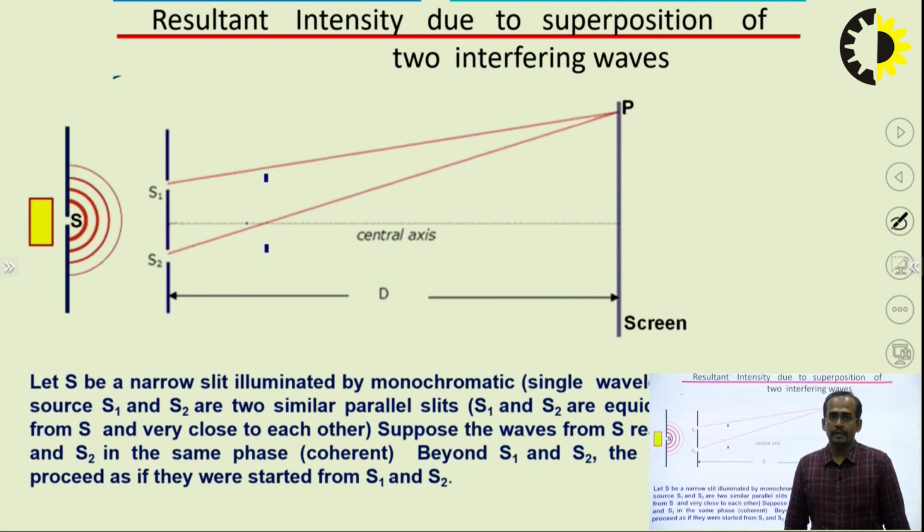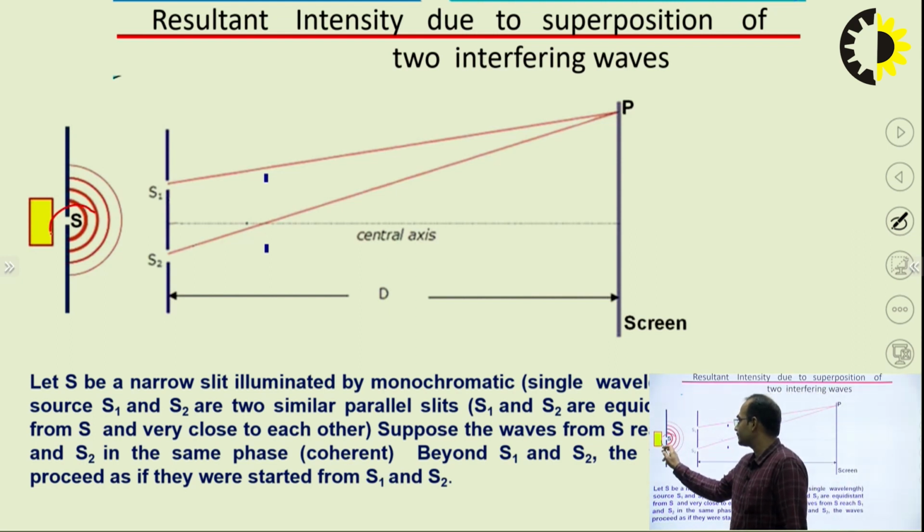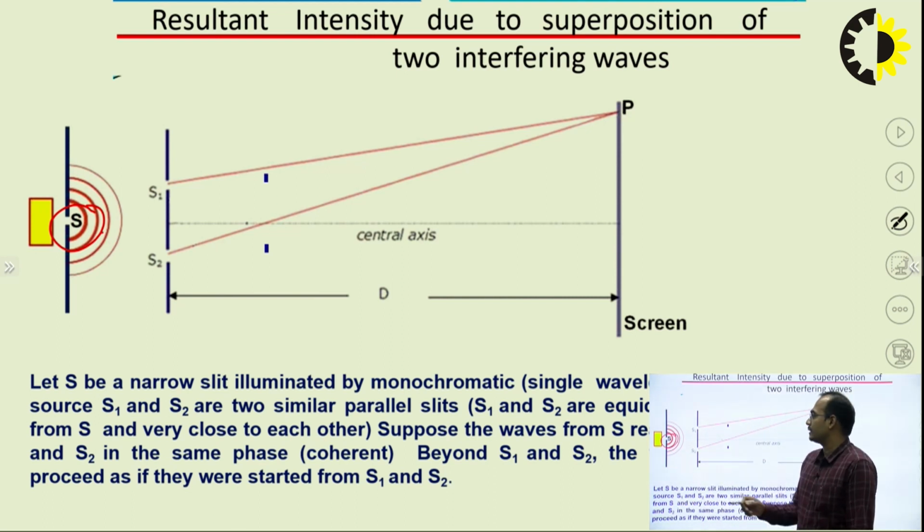Now we will find the resultant intensity due to superposition of the two interfering waves. Let us suppose first I am passing this wave through the single slit. After that, the output of the single slit will pass through slit 1 and slit 2.